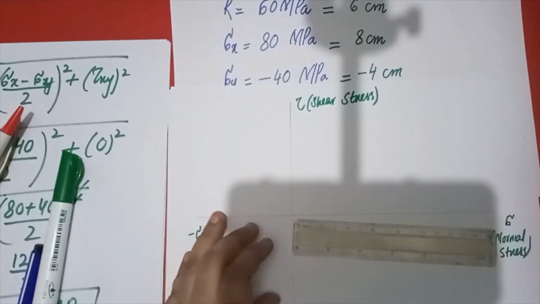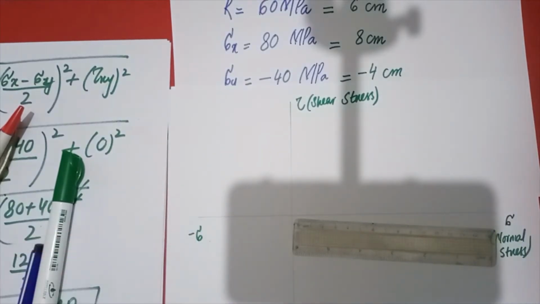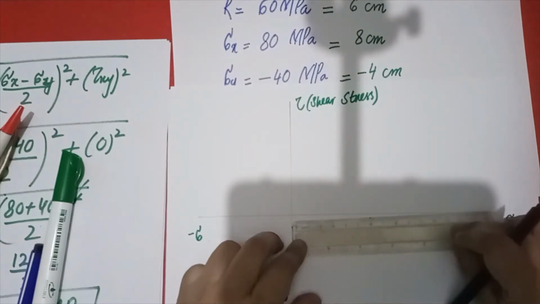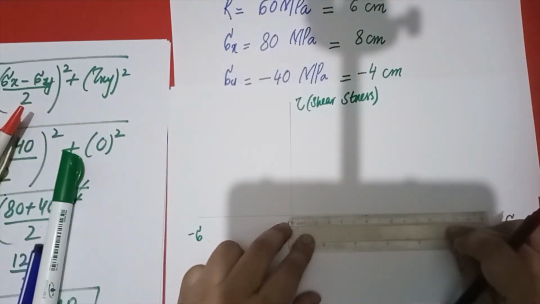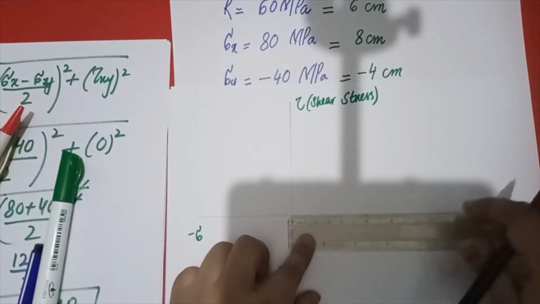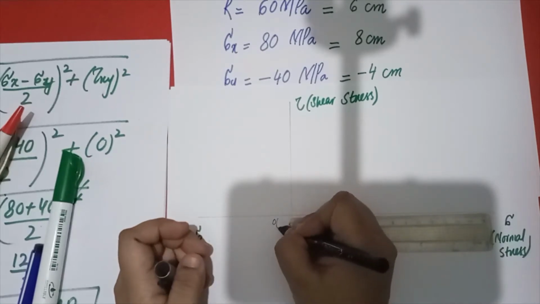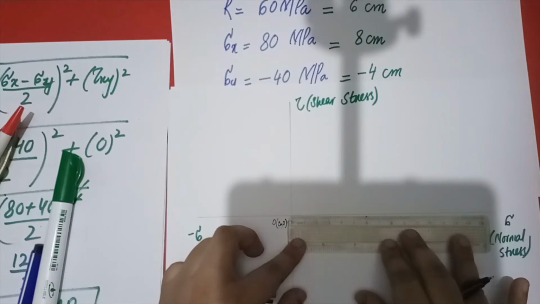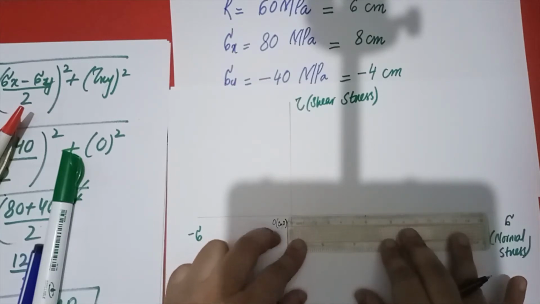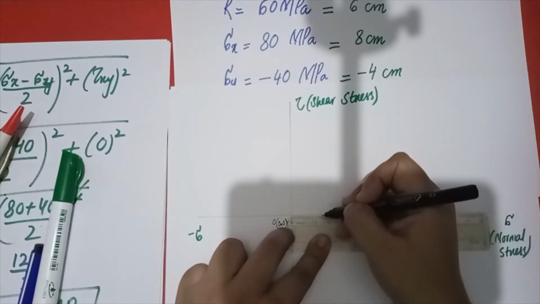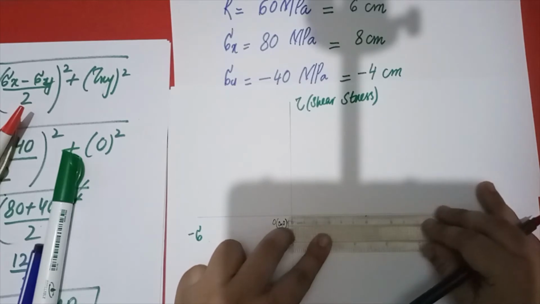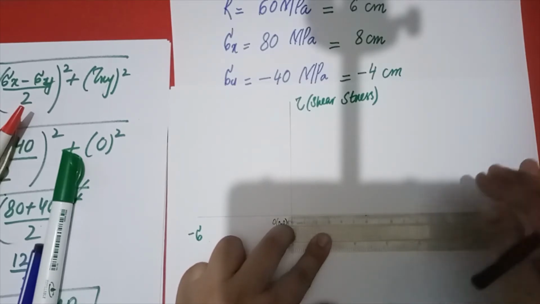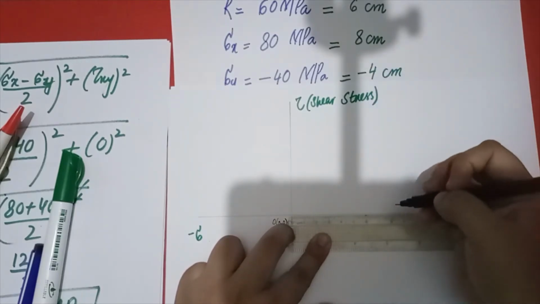So let's make a start and let's look. For example, this is your origin, and I am taking this scale. This is 0 and 2 centimeter. First of all, I have to take the point of 8 centimeter for sigma x.